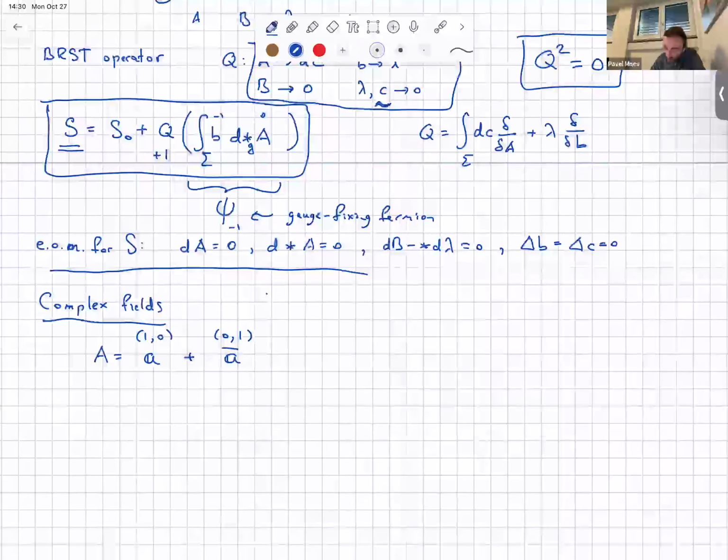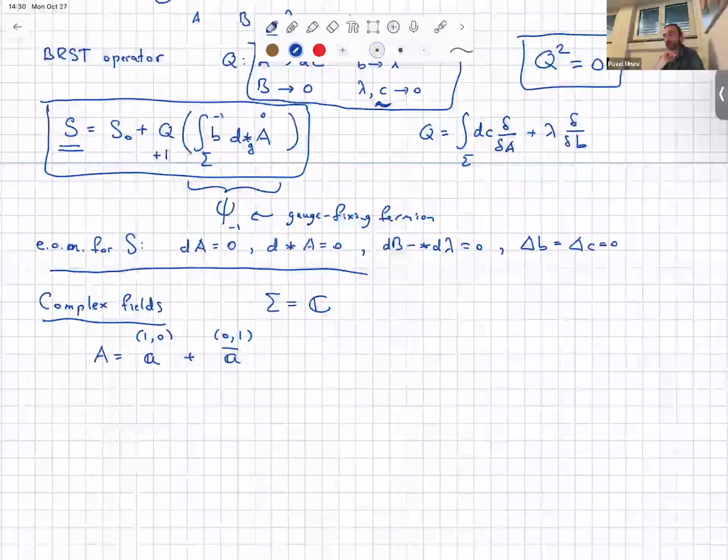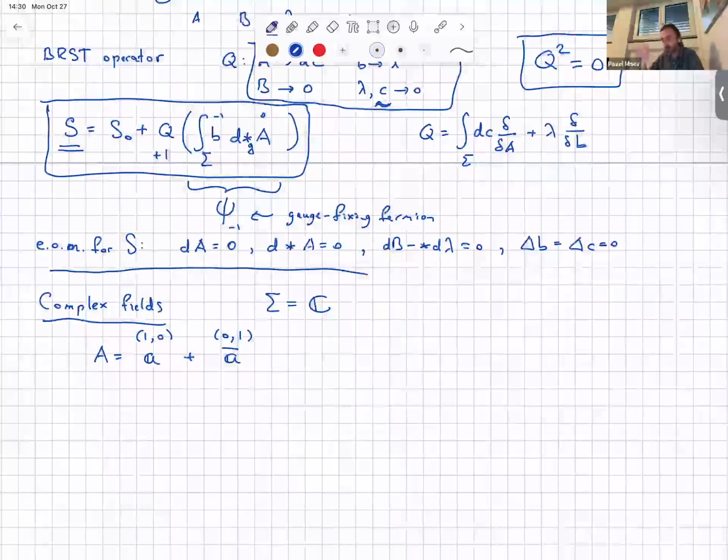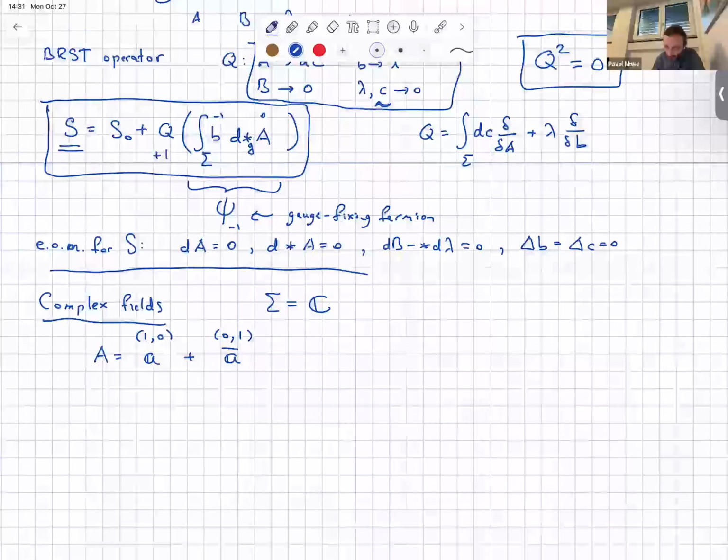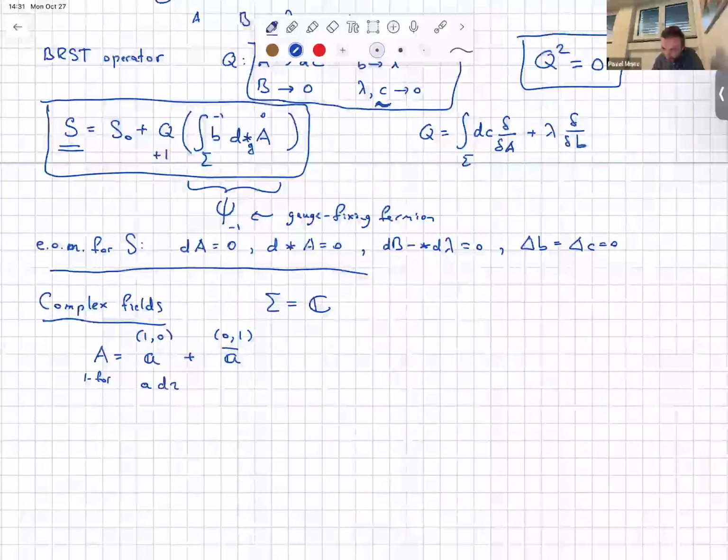Let me be even more down to earth, and let me specialize sigma to be the complex plane with standard complex coordinates. So then I'm just writing my one form A, capital A, as little a times dz plus little a bar times dz bar.